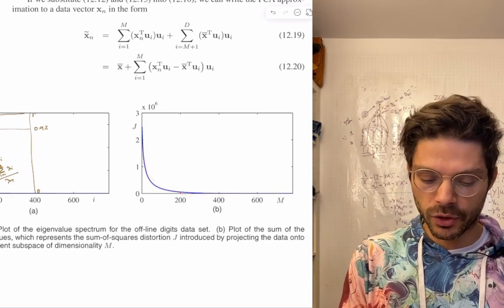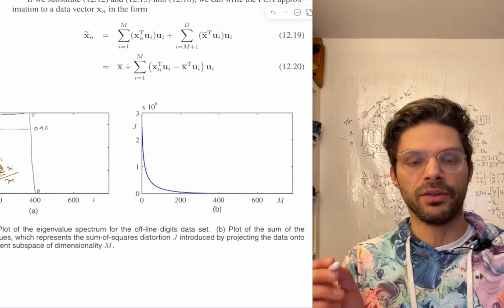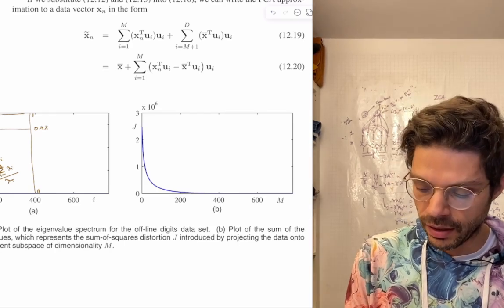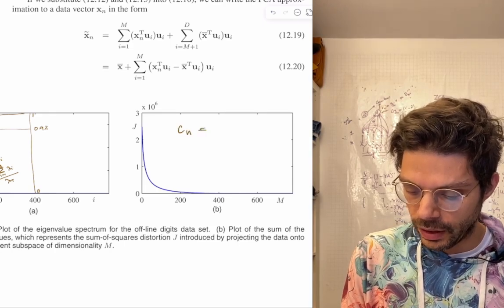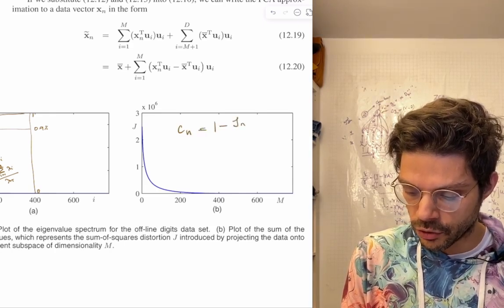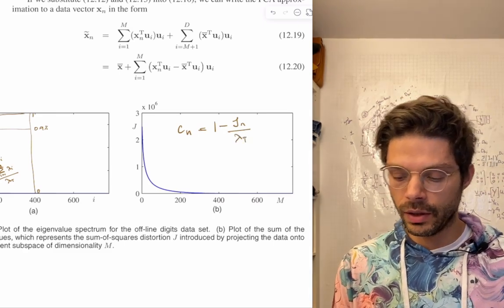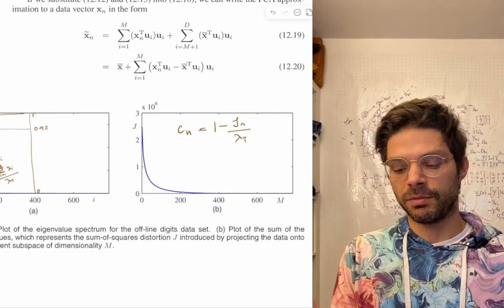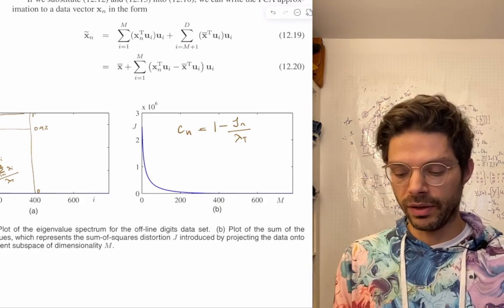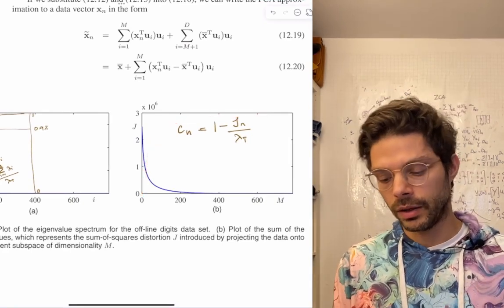Now we can compare it to our cumulative. It's just 1 minus the cumulative if we scale it properly. So the cumulative C of n is 1 minus this distortion measure over the total. These two are quite related. The cumulative variance explained will just be the flip of this, scaled by the total variance.